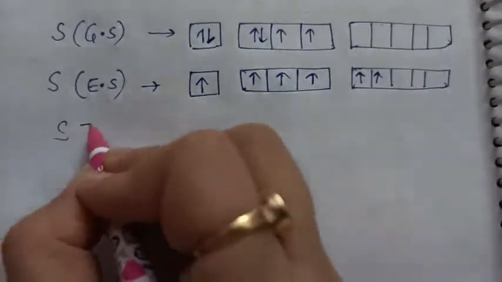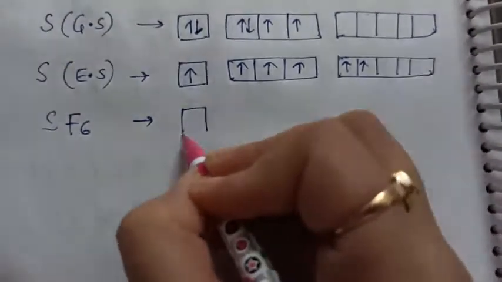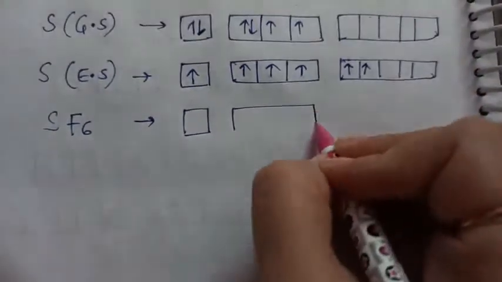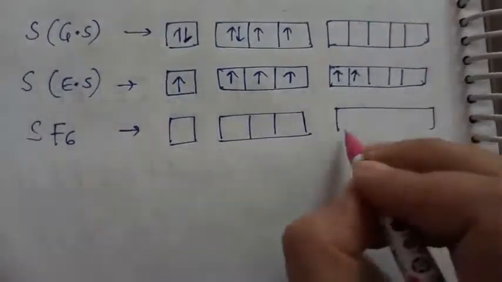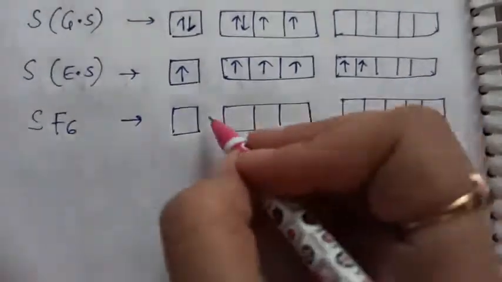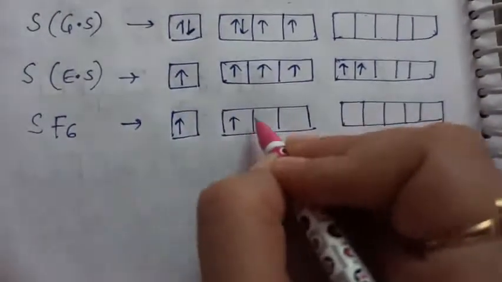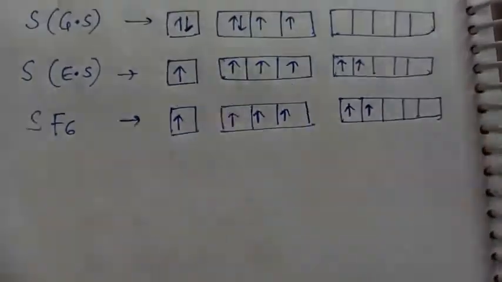Now sulfur will attract 6 fluorine molecules and you see, let me draw the orbitals first, and this is 3d. Draw all your blue electrons like this. These blue electrons are of sulfur.